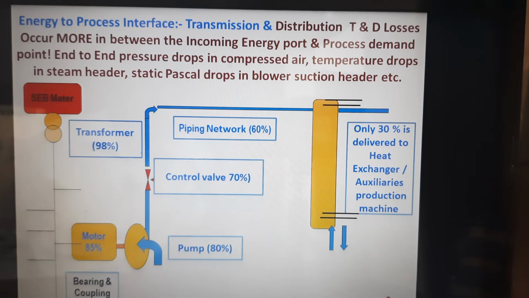You can see the percentage loss on each and every subsystem. That needs to be optimized, or are we running at an optimized loss for any given intermediate equipment? Only 30% is delivered to the heat exchanger ultimately, and so this big gap of end-to-end energy loss needs to be addressed.